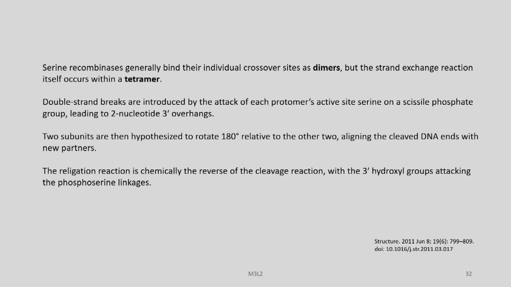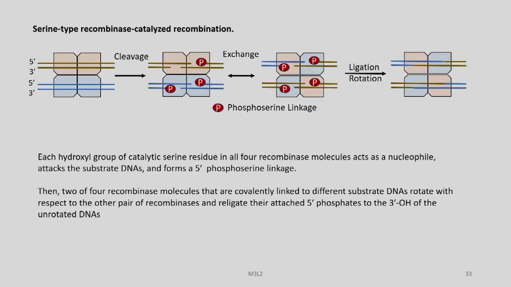2 subunits are then hypothesized to rotate 180° relative to each other, aligning the cleaved DNA ends with new partners. The religation reaction is chemically the reverse of the cleavage reaction, with the 3' hydroxyl groups attacking the phosphoserine linkages. You can see here the serine type recombination catalyzed reaction.